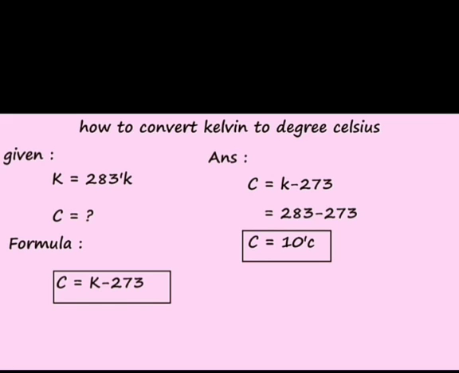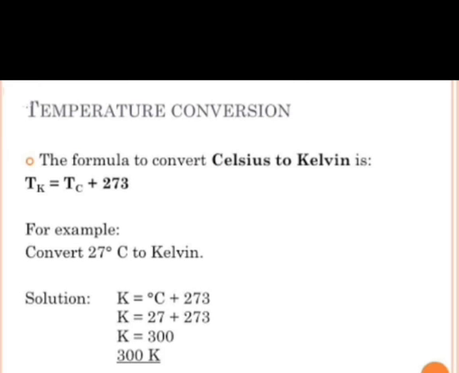Now next is Celsius to Kelvin. How to convert the temperature from Celsius to Kelvin? It is just the opposite of Kelvin to Celsius. Just as we did the formula earlier, to convert Celsius to Kelvin we do the opposite: C plus 273 Kelvin.